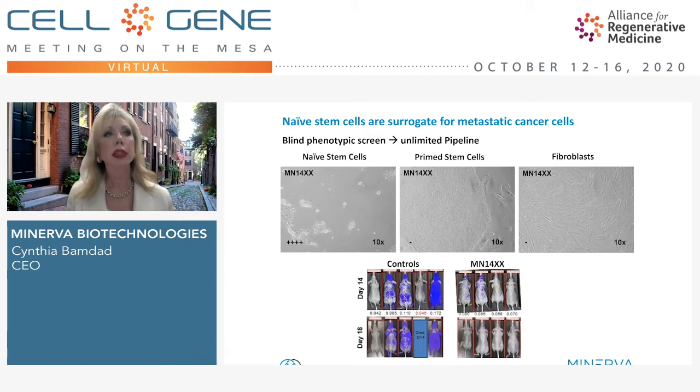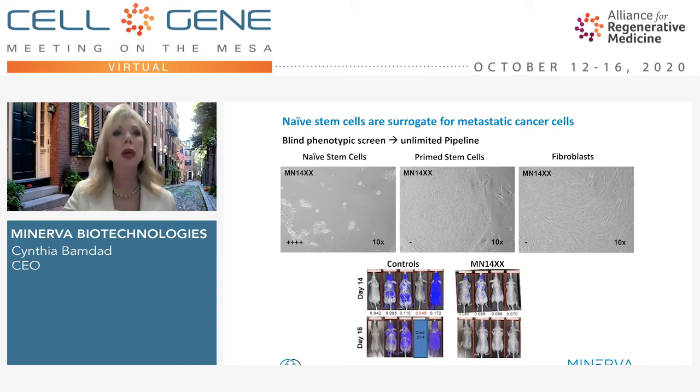So we looked at the naive stem cells and we looked for small molecules that kill off the naive stem cells, have no effect on the later stage primed state stem cells, no effect on fibroblasts, and those are the small molecules that inhibit tumor metastasis.